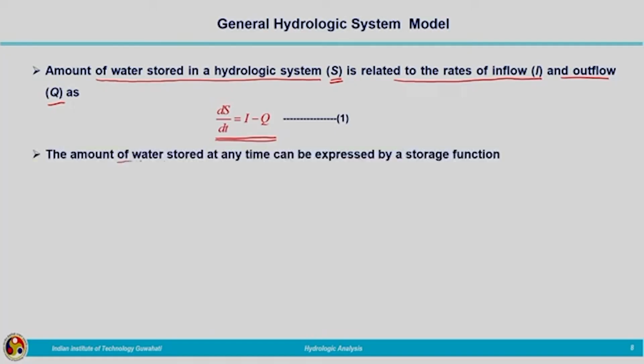Now, the amount of water stored at any time can be expressed by a storage function. We need to express the storage which is taking place in a catchment by means of a mathematical function. Depending on the type of function which we are utilizing for representing the storage, our model will be accurate.